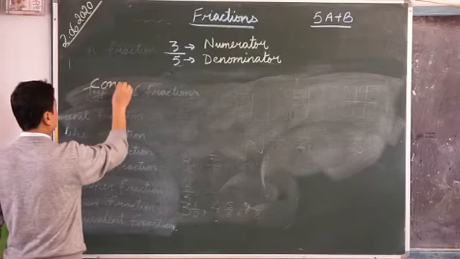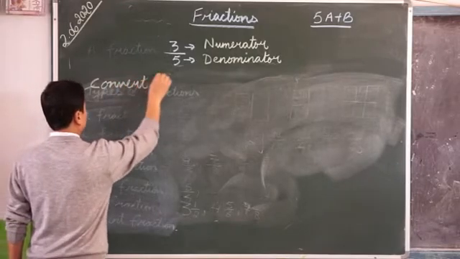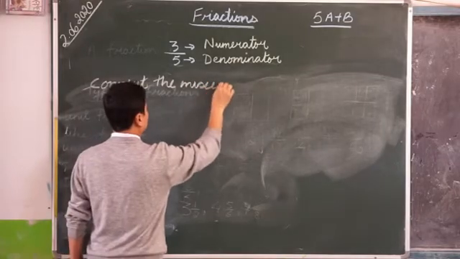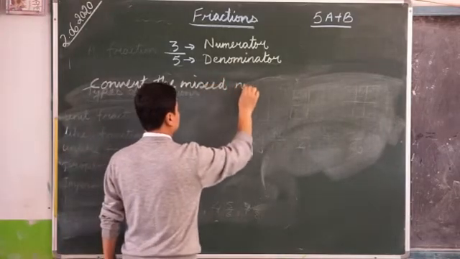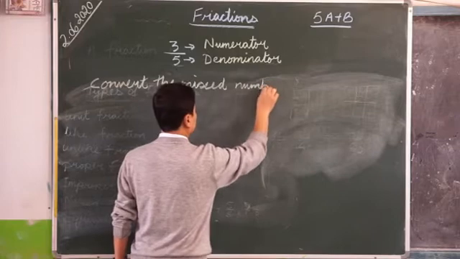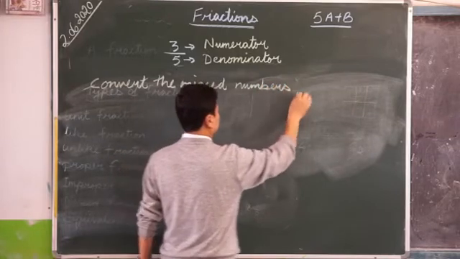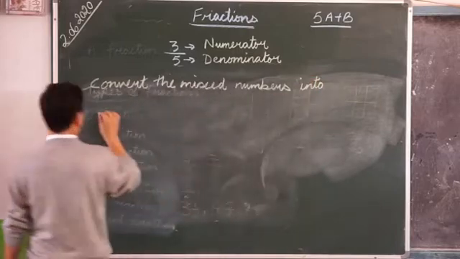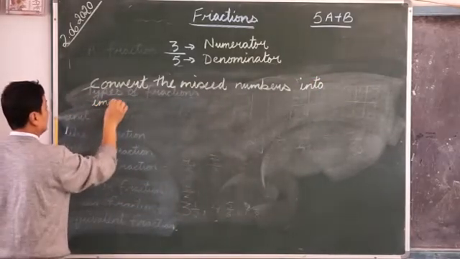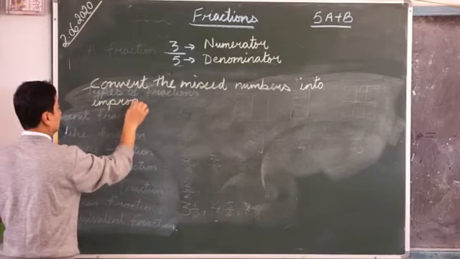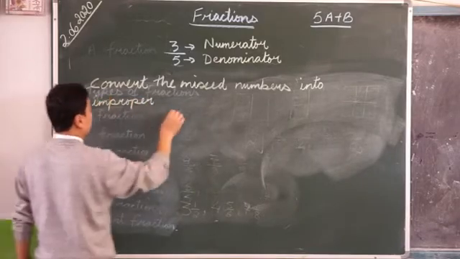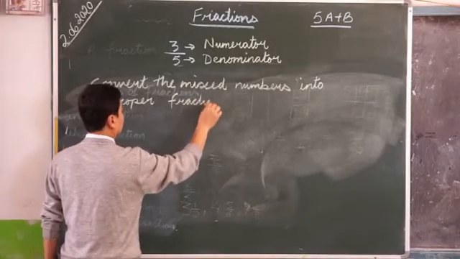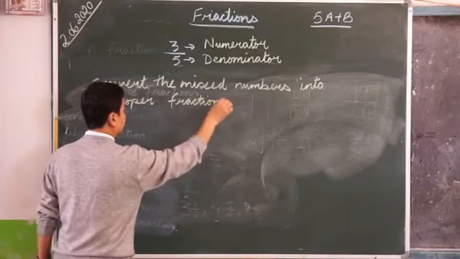Convert the mixed numbers into improper fraction. Now there is a formula.